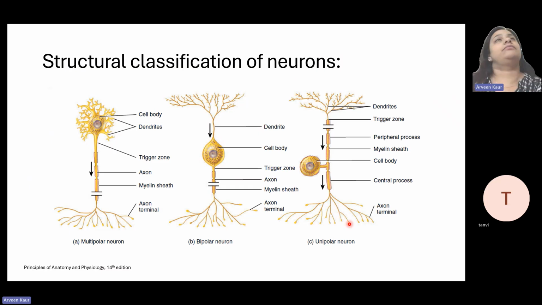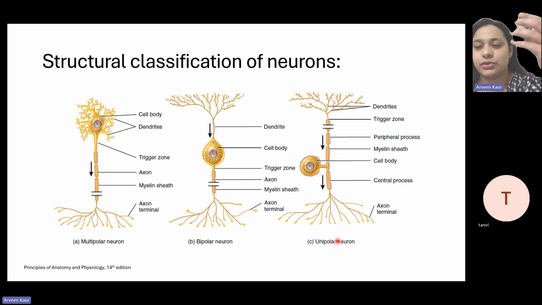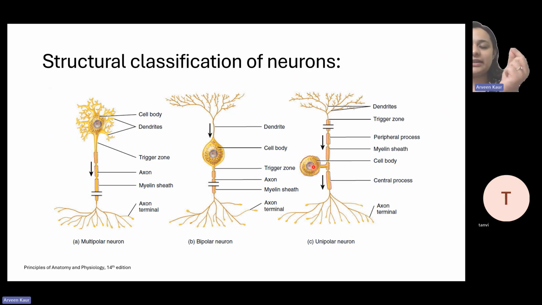Then in the unipolar, what happens? The sensory receptors are unipolar generally, right? And what is happening over here is that from the cell body there is one single extension, and then it is further dividing into dendrites and axons, right? So from the cell body, there is one extension only.